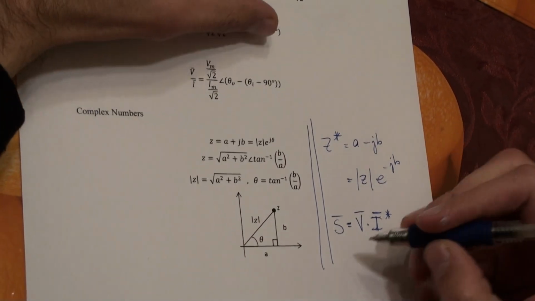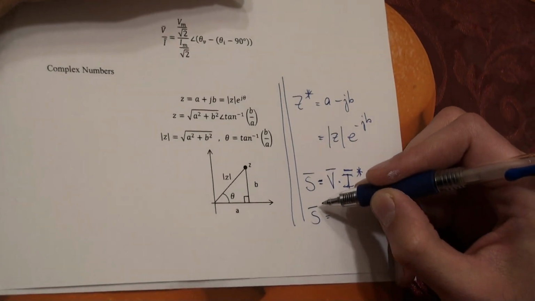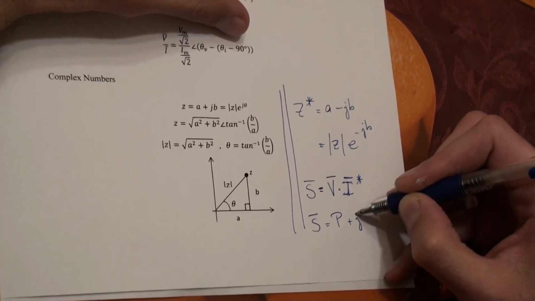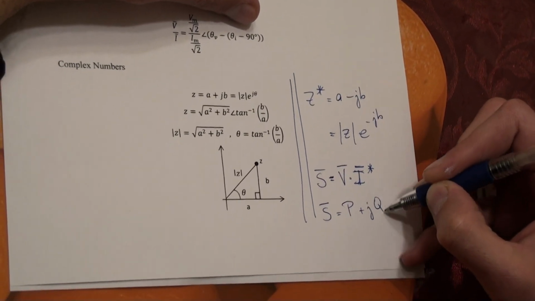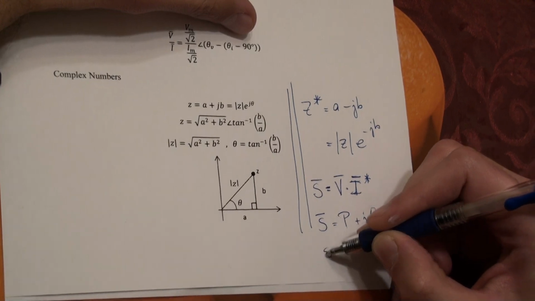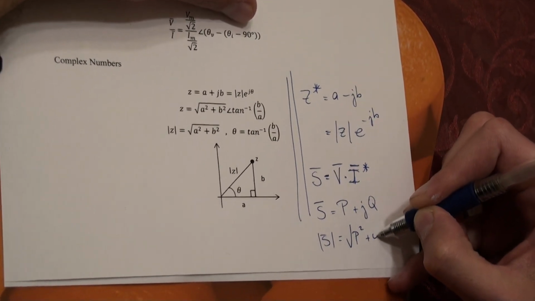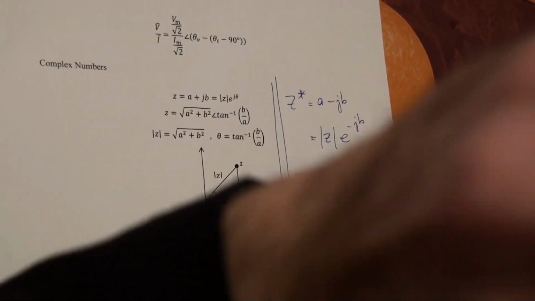Basically, the complex power is simply P plus jQ, where P is your real power, Q is your reactive power, and the absolute value of S, which is the square root of P squared plus Q squared, is your apparent power.